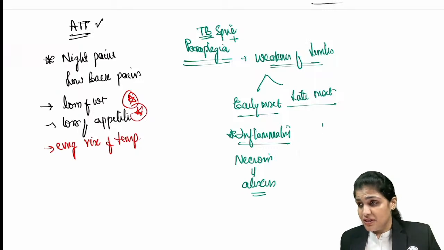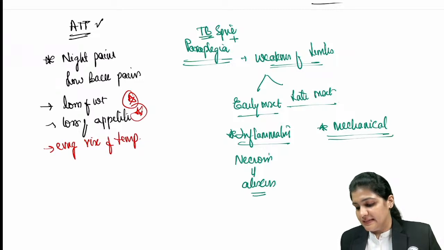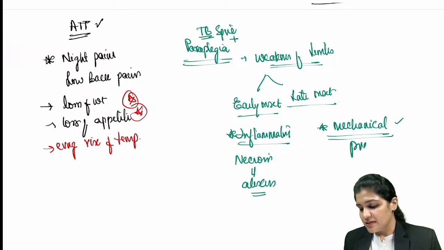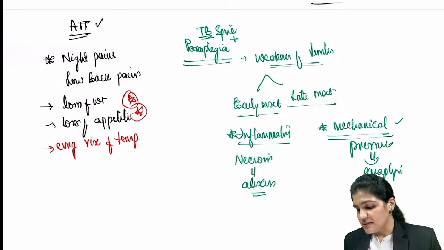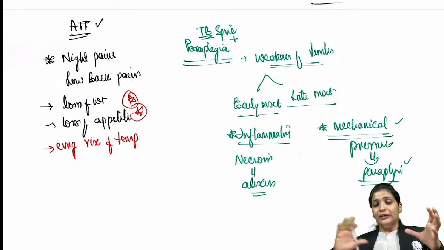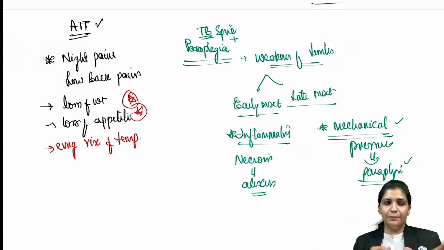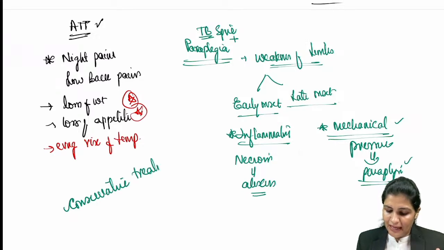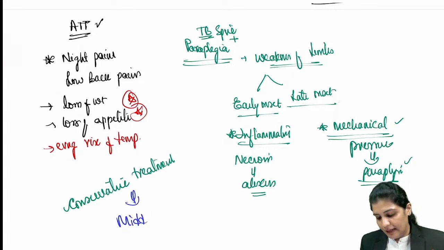In case of late onset, it is mainly because of the mechanical things, that is because of the stenosis which is occurring and because of the pressure put upon the nerves, and this will result in the paraplegia, right? So this is early onset and late onset, and usually in case of non-paraplegia or paraplegia, you can still go for conservative treatment, and this is what is called the middle path regime.